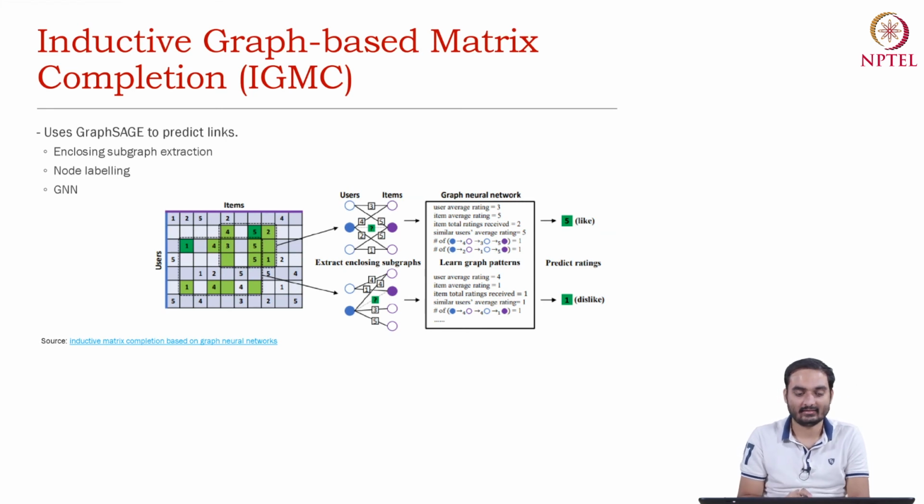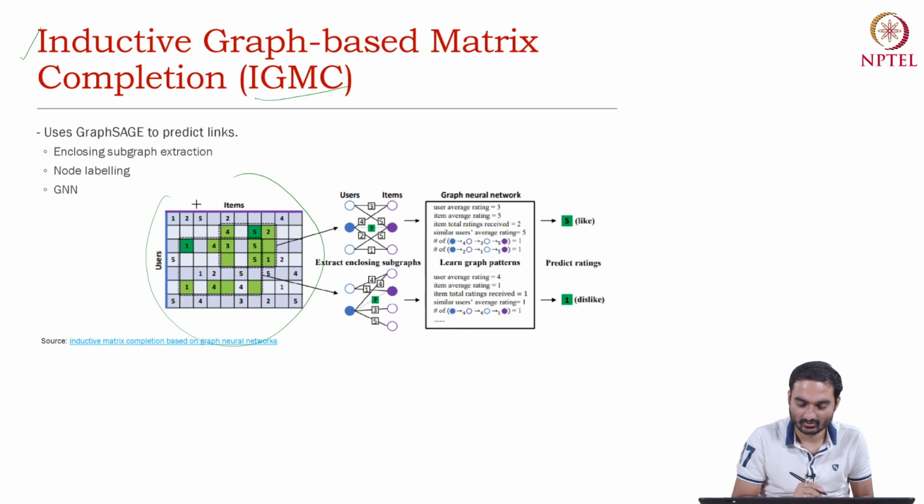The same idea has been used for recommendation systems in this paper. This is inductive graph based matrix completion, IGMC. Again, I am not going into details of this, but the idea is that you have this user item matrix, and from this, for a given user, you come up with an enclosing subgraph.